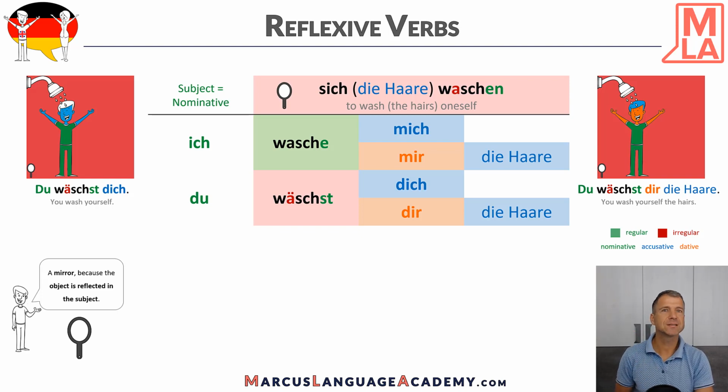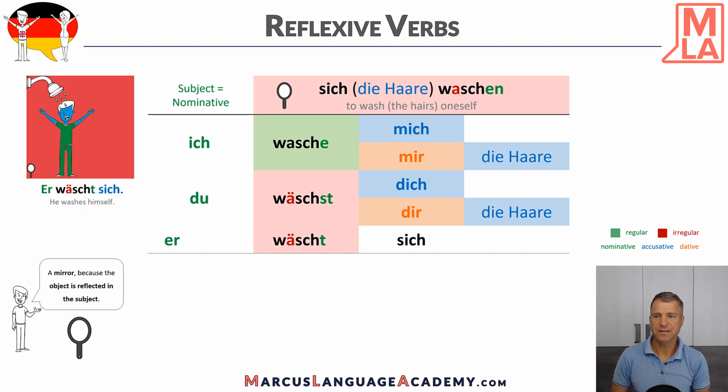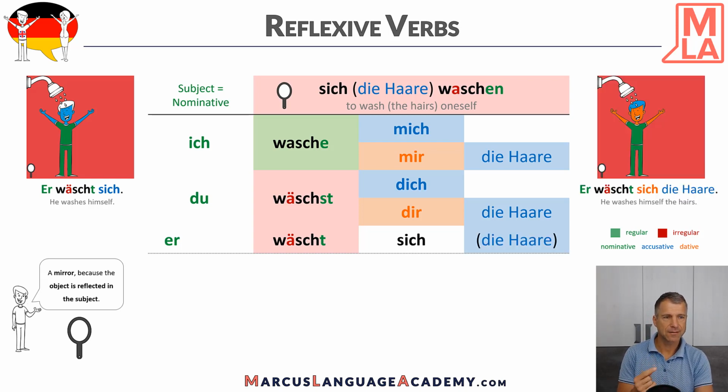Third person is a little bit easier. The example here would be er wäscht sich. He washes himself. And when we add die Haare, it stays. Wäscht sich die Haare. So there's still accusative and dative, but it's the same word, sich. So just stick to sich and then you're fine.